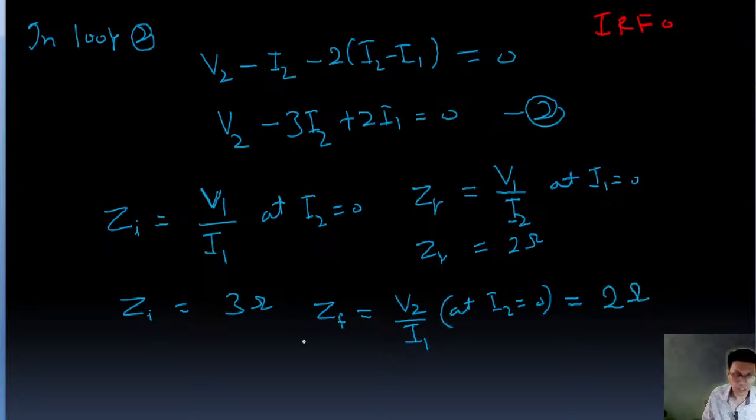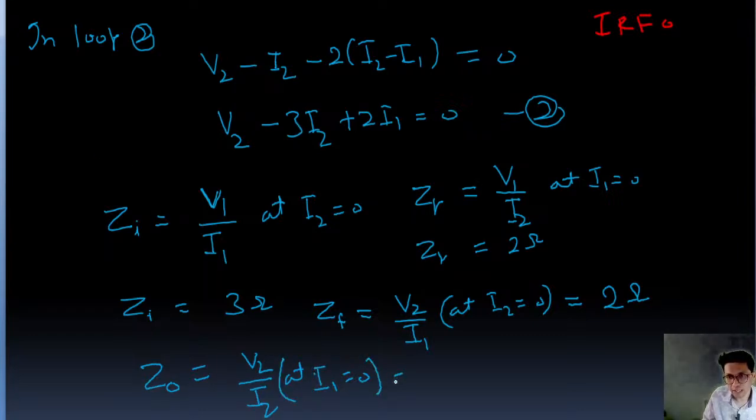Okay, now we'll find the last final term, that is zo. Zo is going to be v2 upon I2 at I1 equal to 0, right?